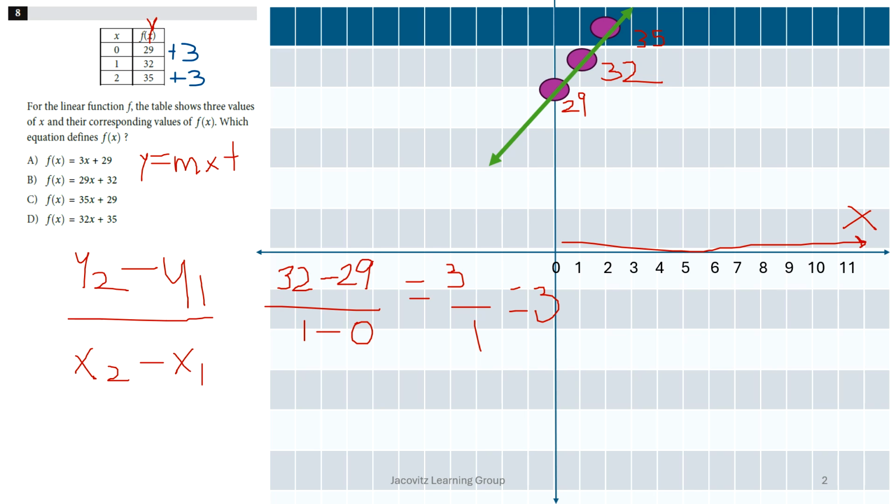So before you just answer this lazily and start guessing, why don't you look at what it is? Y equals mx plus b. So that's 3x plus b. You don't even have to go over how the slope. This really tells you this. This b is the intercept, and that's 0. And guess what? 0 and 29. So this problem is kind of just working around itself, and the answer is A.